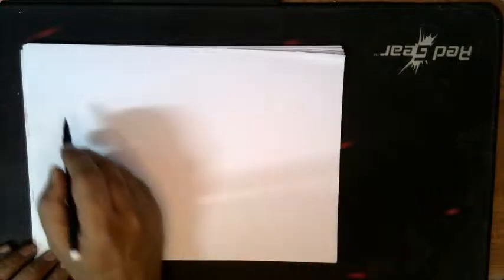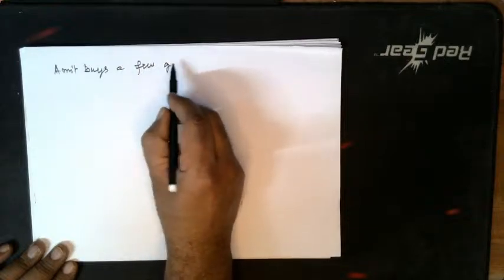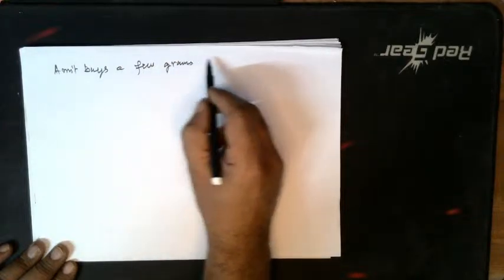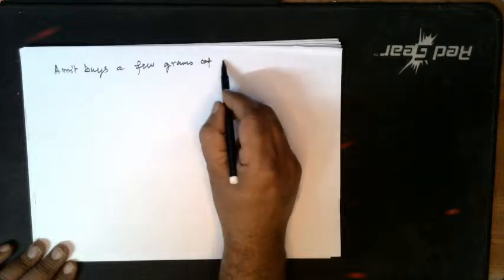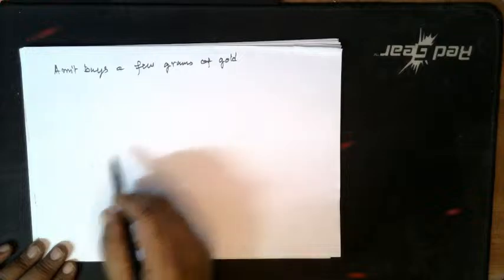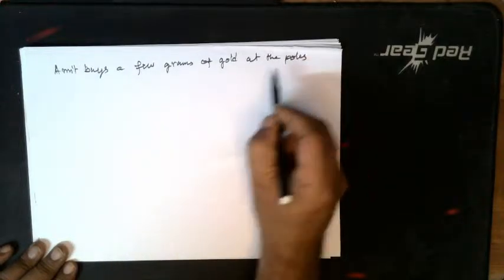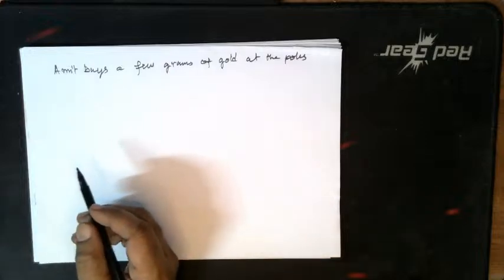Amit buys a few grams of gold at the poles.